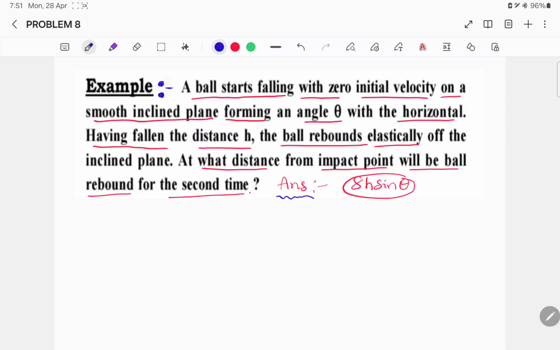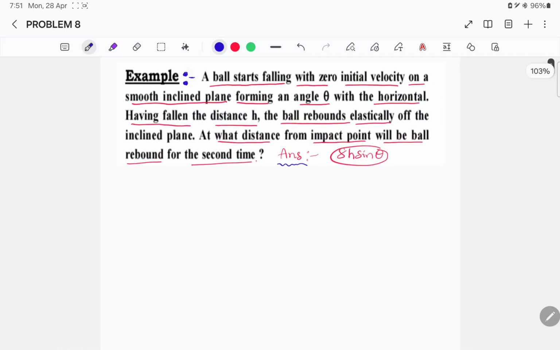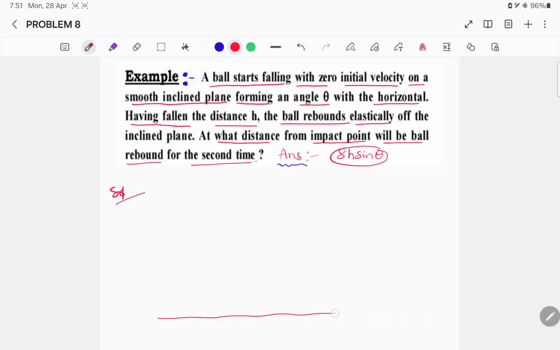Let me draw one clear diagram for representing the given question, and then I will explain the way it is better to approach. See, if this is the inclined plane, with the angle of inclination mentioned in the question as theta.